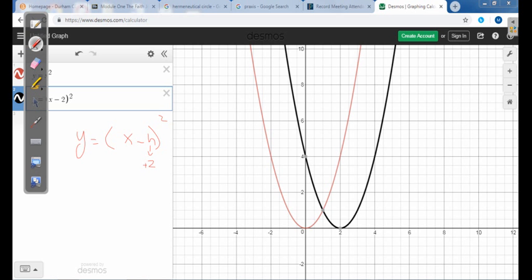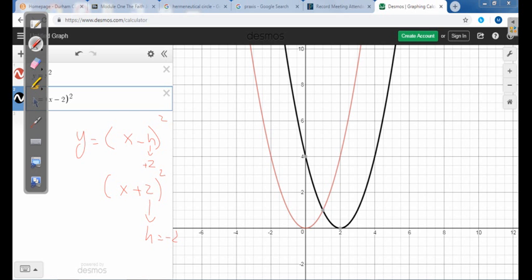The formula already has that negative, so the value for h is a plus 2. If the value of h was negative, which means moving to the left, then you're going to see it as x plus 2. That means h is equal to negative 2, which moves to the left.